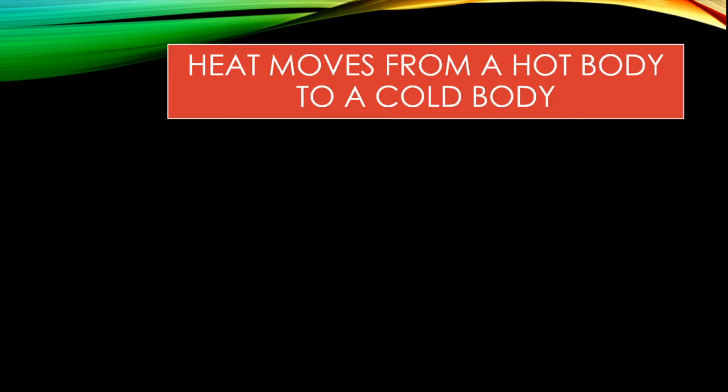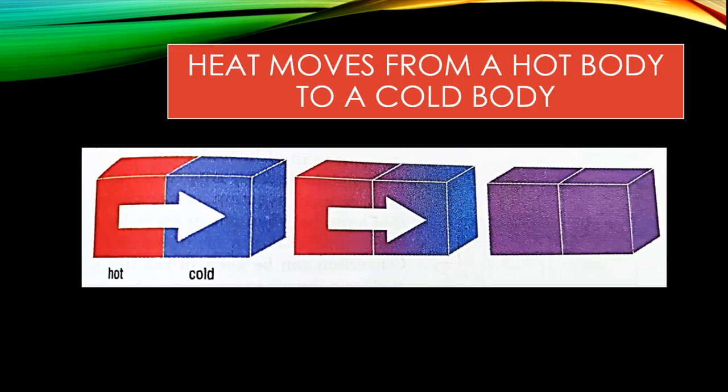Heat moves from a hot body to a cold body until they have the same temperature. This process is shown in the illustration below. So this is the illustration. The heat transfer moves from a hot to a cold body and results in the same temperature.